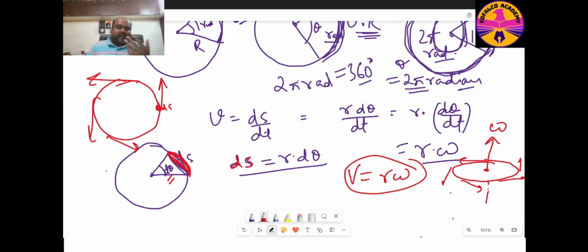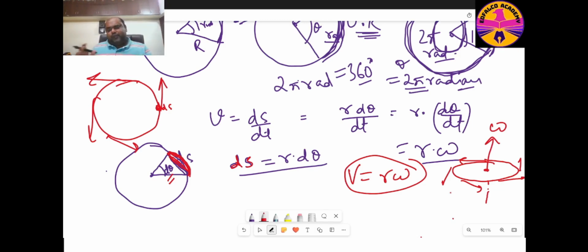Obviously, I think it will be easier to calculate all this when we talk about the vector representations of all these quantities, and when we discuss cross product and dot products, etc., which will give more clarity into how to determine the omega direction.